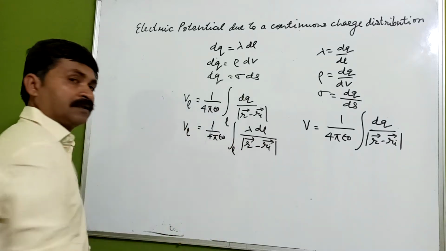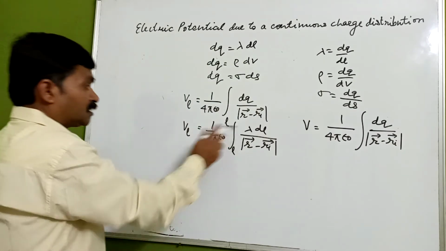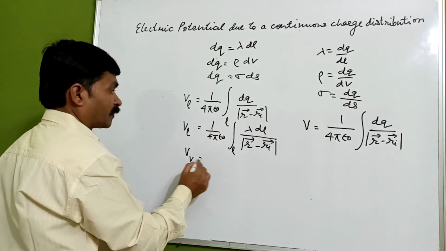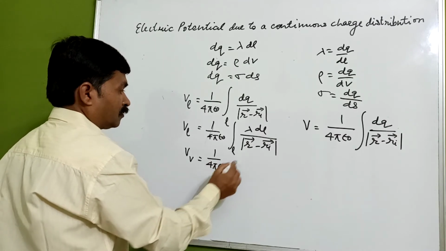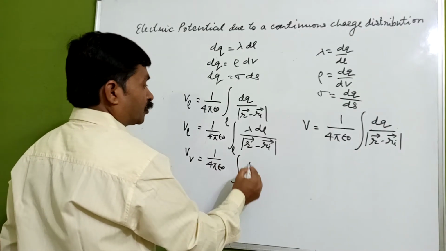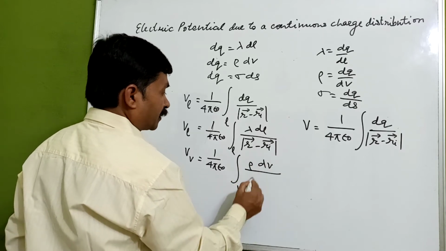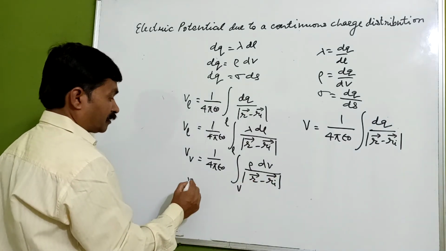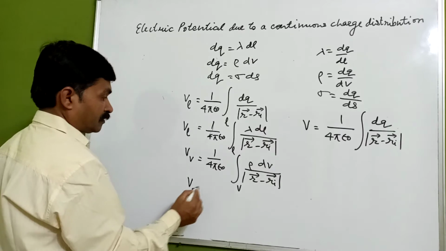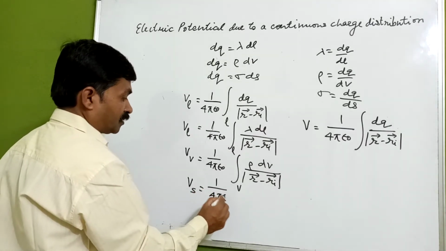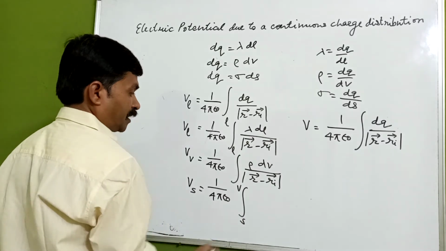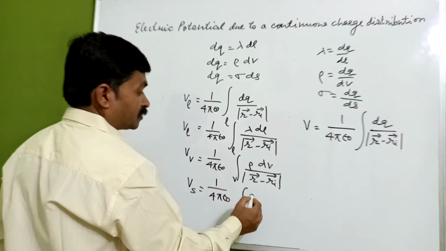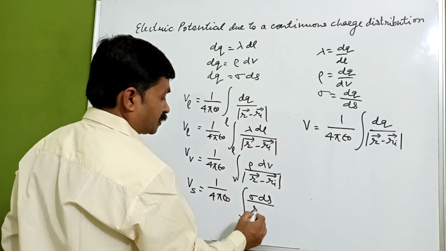This is because of the linear charge density. Similarly, for volume, we have 1 upon 4 pi epsilon naught over the volume rho into dv upon vector r minus vector ri. Similarly, for surface, we have 1 upon 4 pi epsilon naught over the surface sigma into ds upon this.